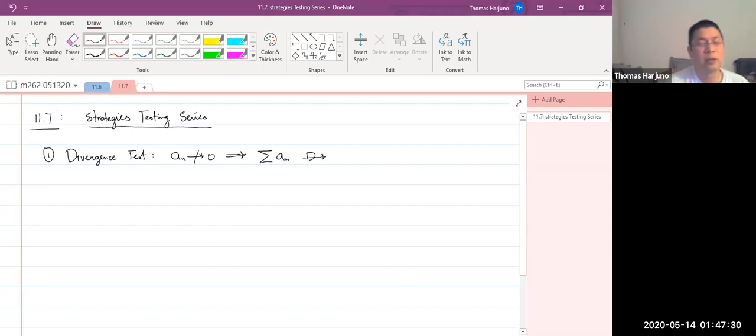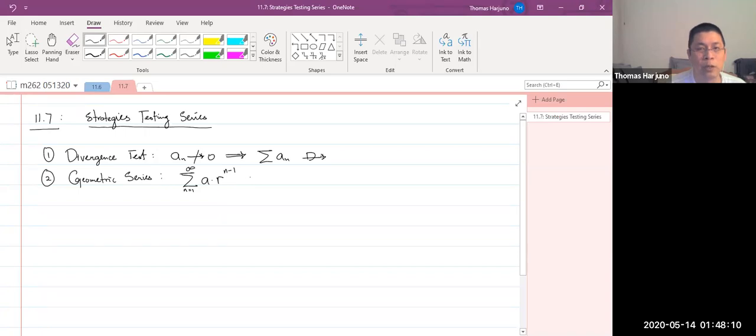Okay, and then second, we have integral test. Now, before integral test, let's do geometric series first. Usually it is something times something to the n. Let's make it n minus 1 to make it clear, but it doesn't have to be, as long as you have something constant to the n.